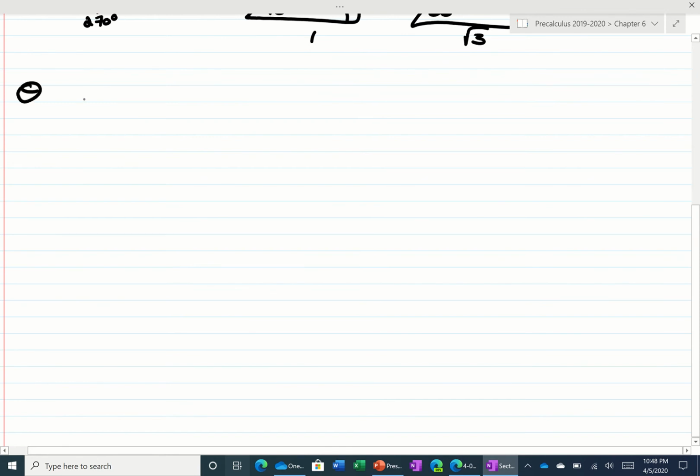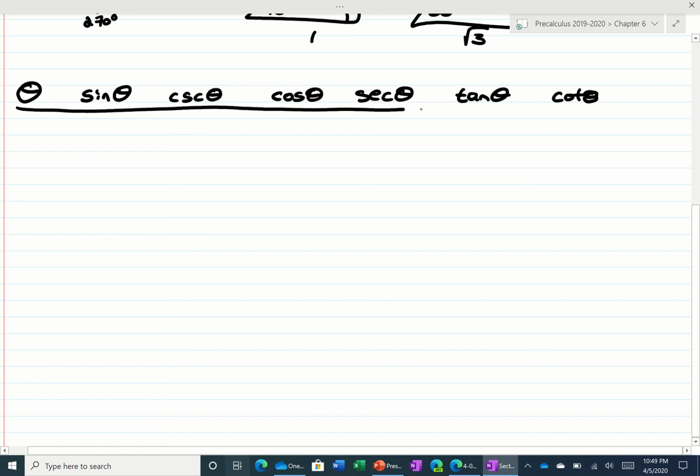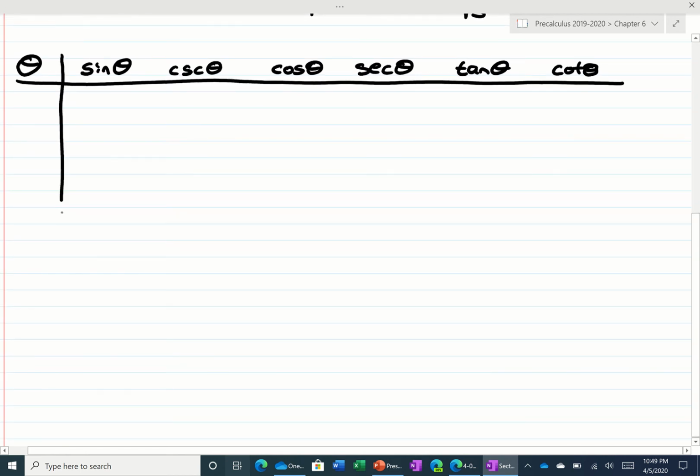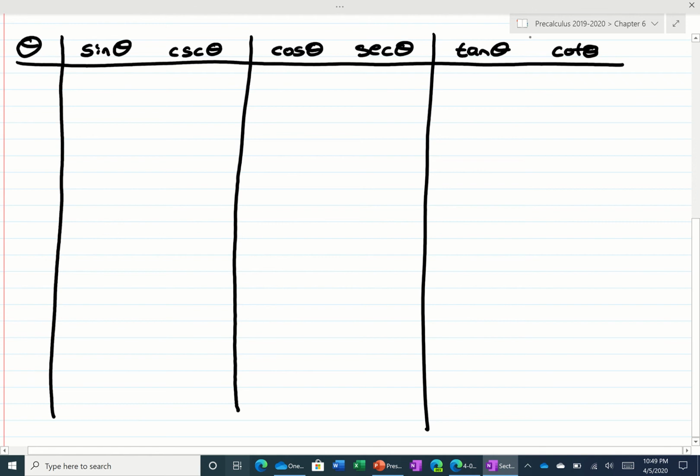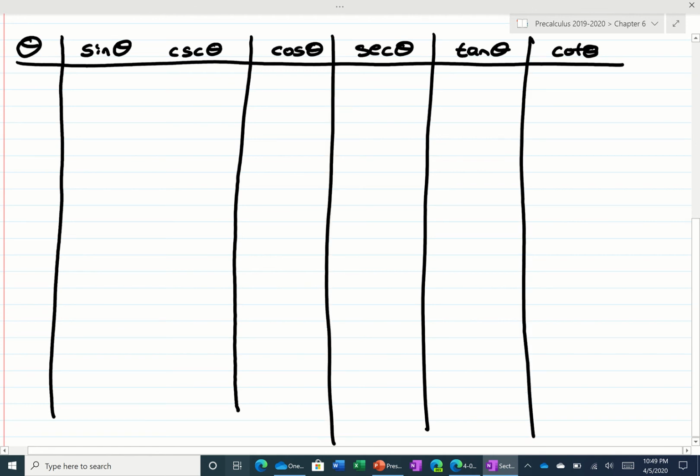We're going to have a column for theta, a column for sine and cosecant, a column for cosine and secant, a column for tangent, and a column for cotangent. We're going to plug in theta values, and I already picked them for you. What I would like us to do first is do it for sine and cosine.